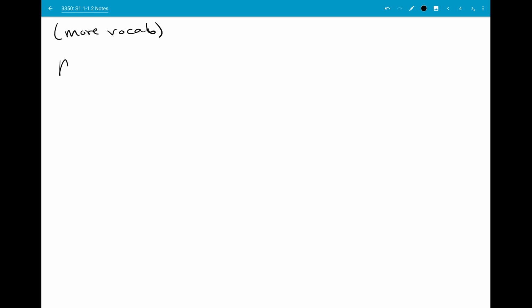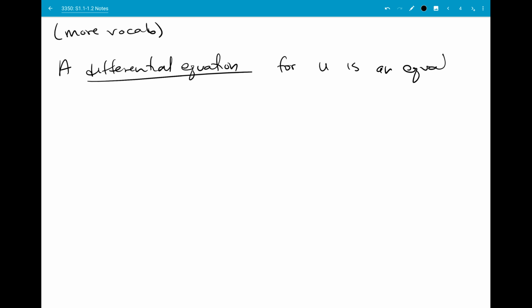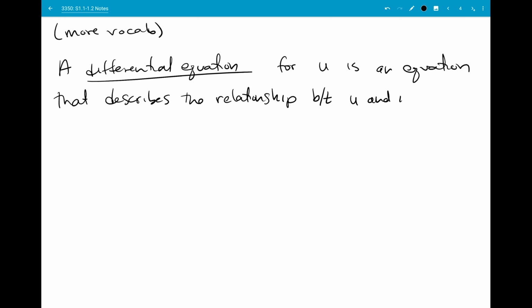More formally now we can say a differential equation for u is an equation that describes the relationship between u and its derivatives.